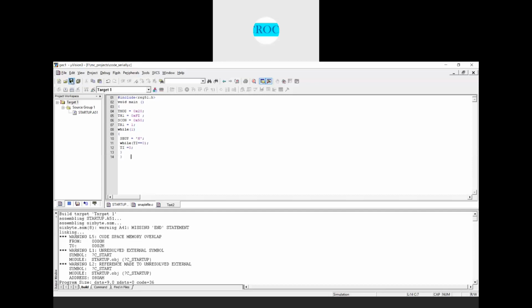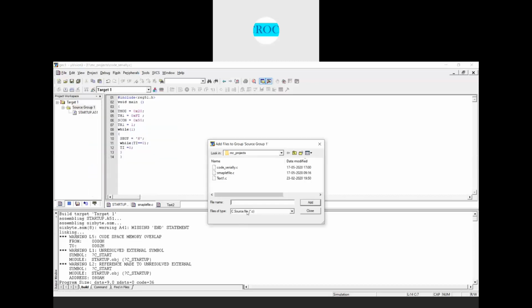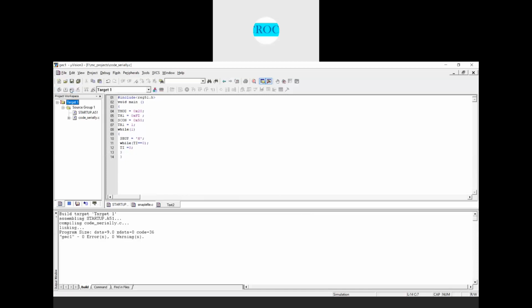Now save this code here. Since this file is code_serial.c, first we need to add this file, add files to group. Now once we do that, run this code. Since we don't have any errors, you can also see the reg51.h file is included in our code_serial.c file here.